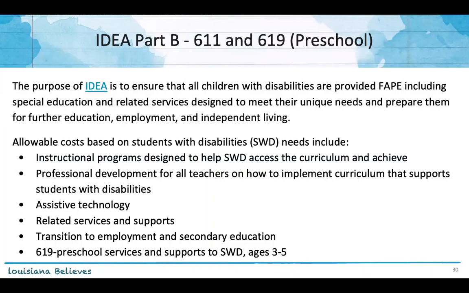Allowable costs based on student needs include instructional programs designed to help students with disabilities access the curriculum and achieve, professional development for all teachers on how to implement curriculum that supports students with disabilities, assistive technology, related services and supports, transition to employment and secondary education, and 619 preschool services and supports.